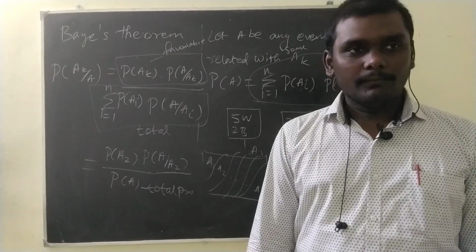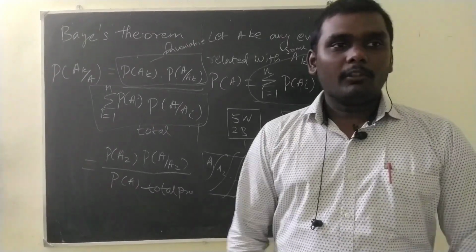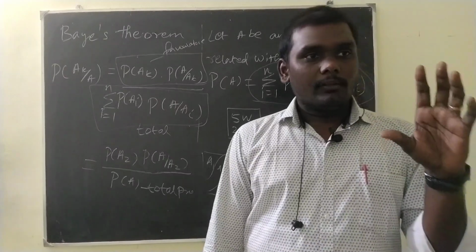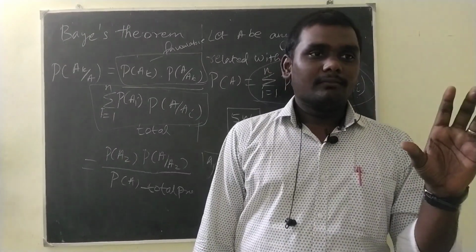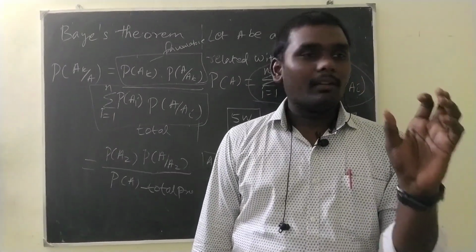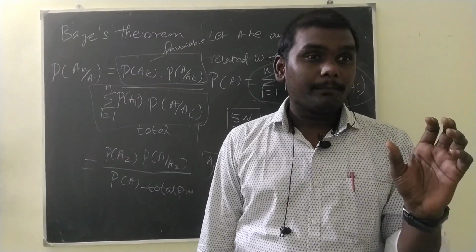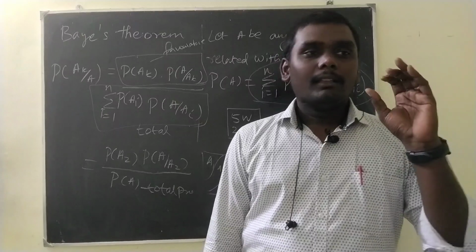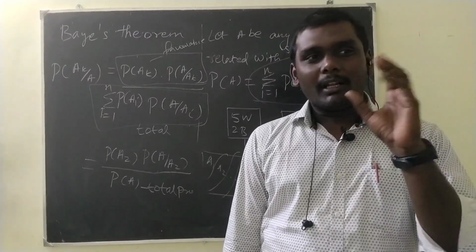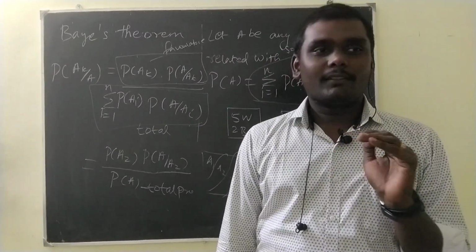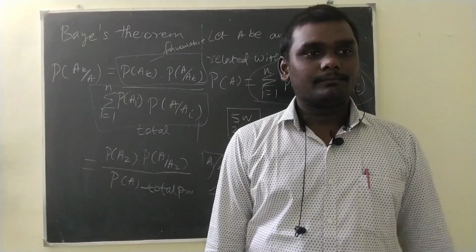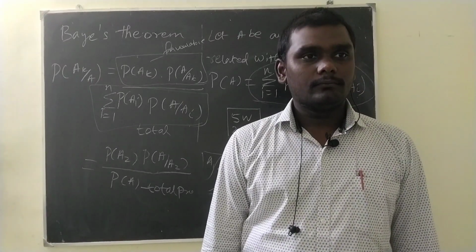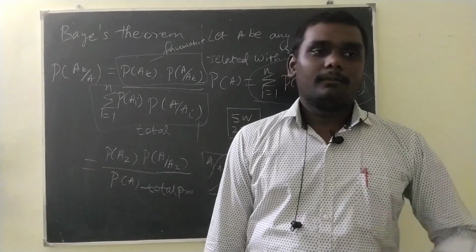Okay, clear? Now, one more time you say, if nothing is mentioned, only the happening of the event, what do we have to calculate? Total probability. Suppose a particular place or a particular box is mentioned, then Bayes theorem.